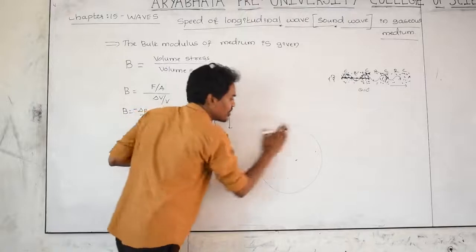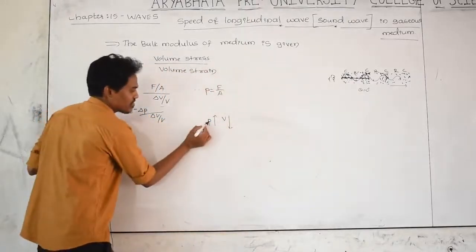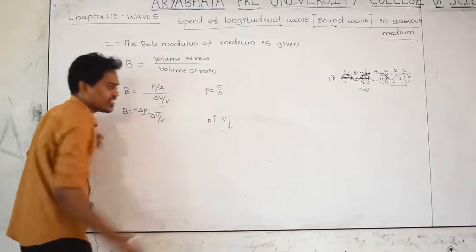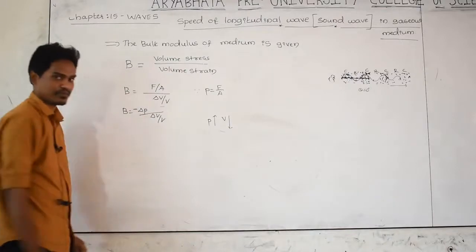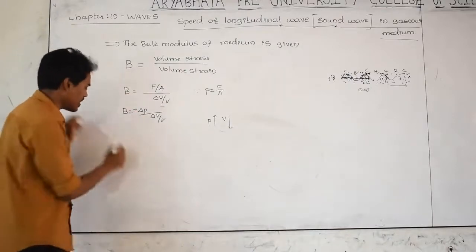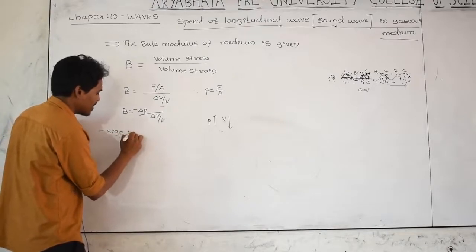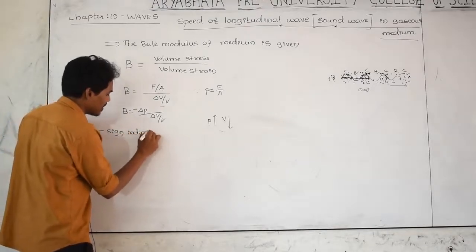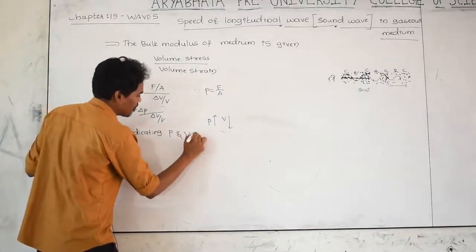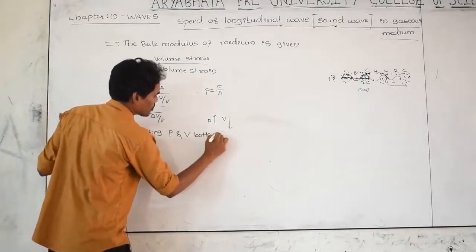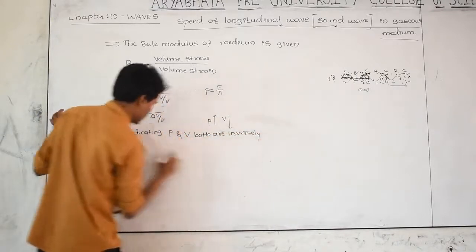What is the relation between pressure and volume? That is inversely proportional. That's why I have taken the minus sign here. What is the minus sign indicating? It indicates that pressure P and V are both inversely proportional.